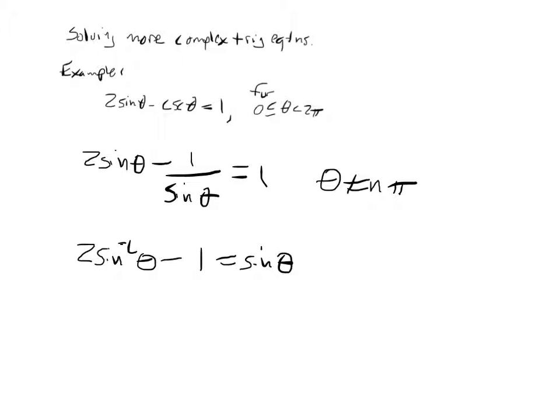And with the quadratic expression, we know we've got a variable squared, a variable to the first, and a constant. And to solve a quadratic, we set one side equal to 0 and look to factor. So I'm looking at 2 sine squared theta minus sine theta minus 1 equals 0.